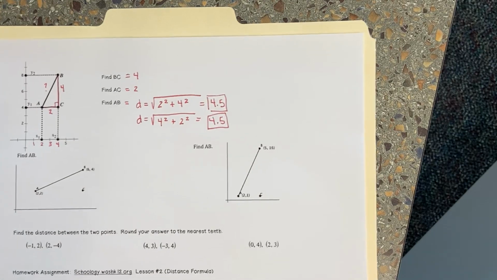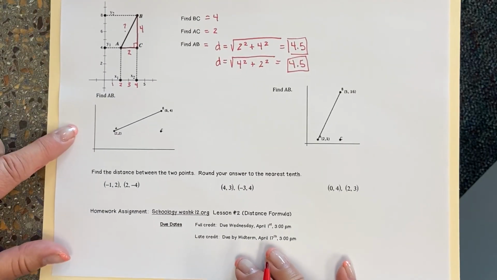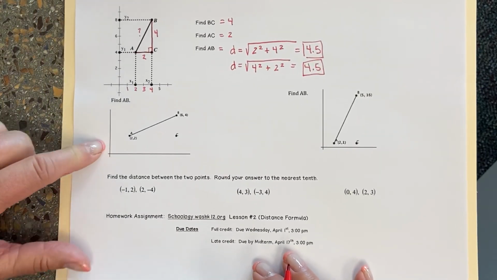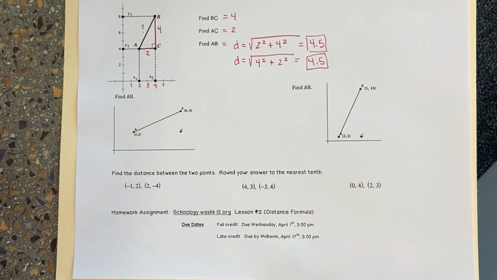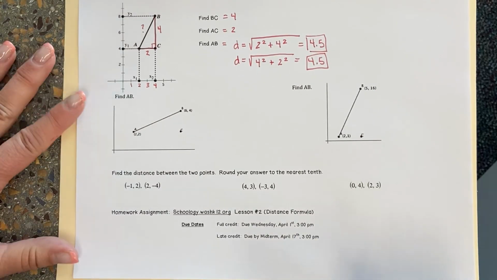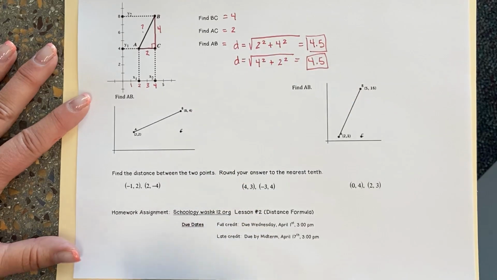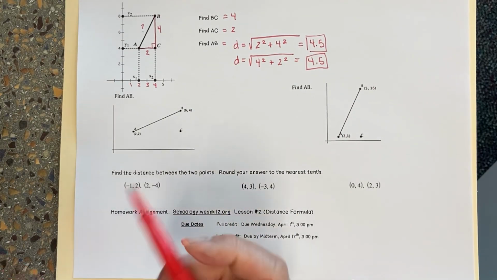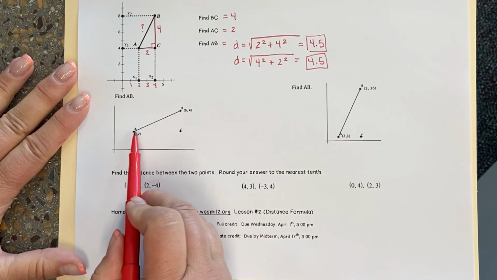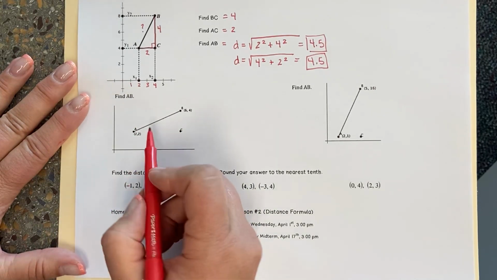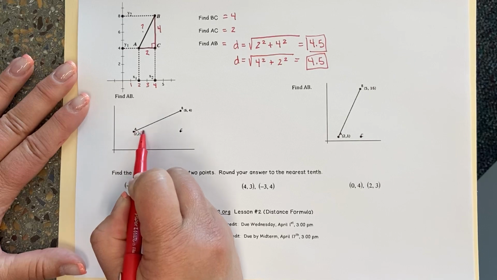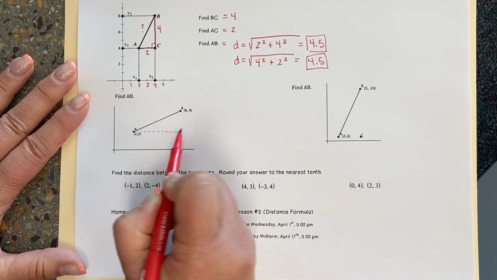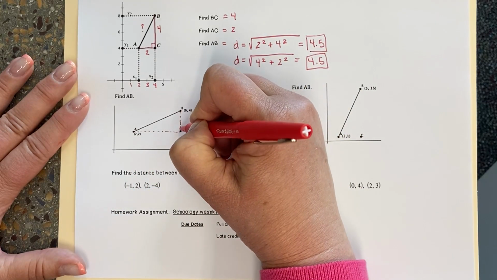All right, so let's look at this one. Here we have a diagram. I'm not really going to call it a graph because there's no markings. So we're actually not going to be able to count this one out because there's no markings on it. But we do have the coordinates where the endpoints are. So go ahead and make that into a right triangle.